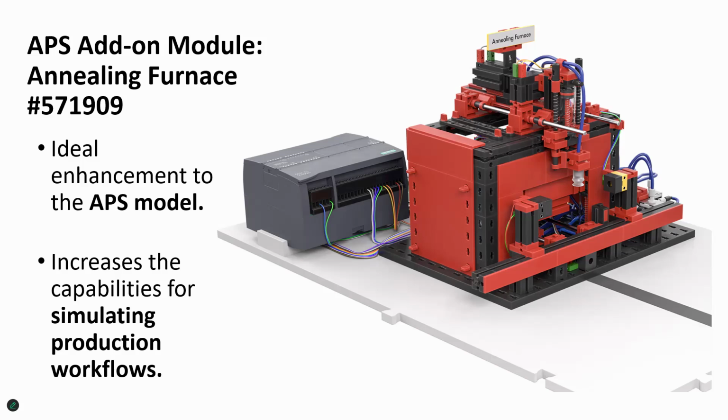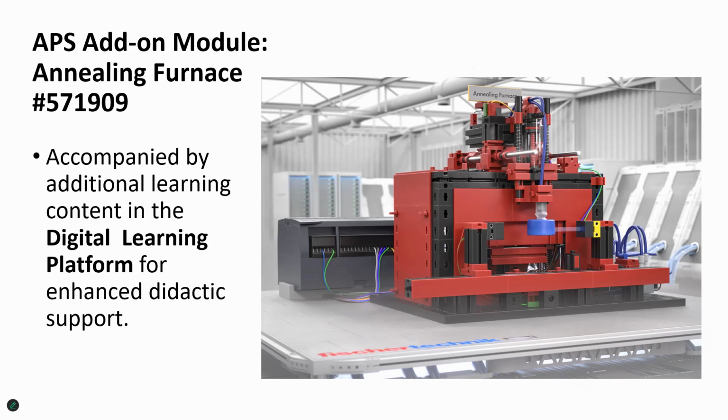The additional annealing furnace production module unlocks more learning content in the digital learning platform. Both theory modules and additional tasks in the Agile Manufacturing learning module are made available. These cover topics such as introducing new derivatives into production and expanding existing production configurations with an additional process.